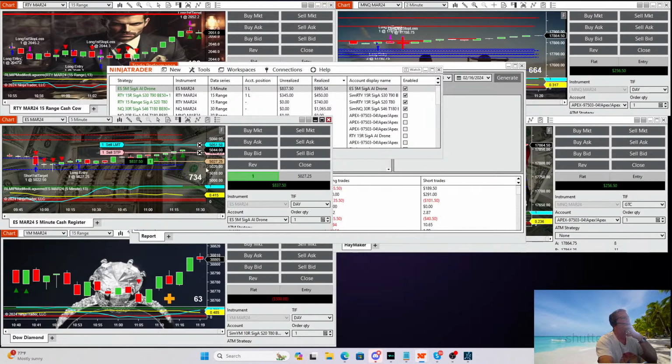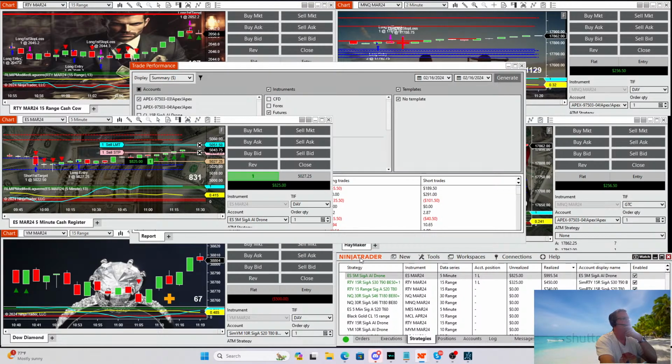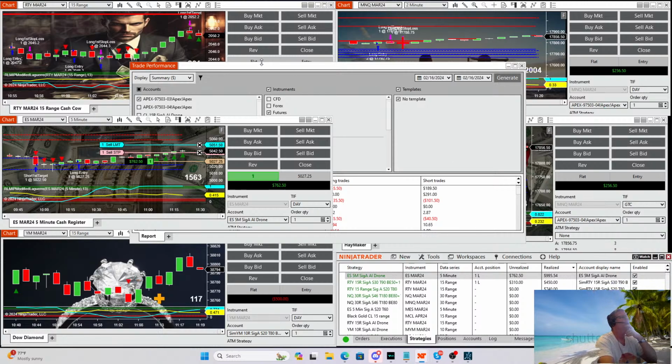Let's take a look here. What else are we in? That RTY up top again. Signal A 3090.